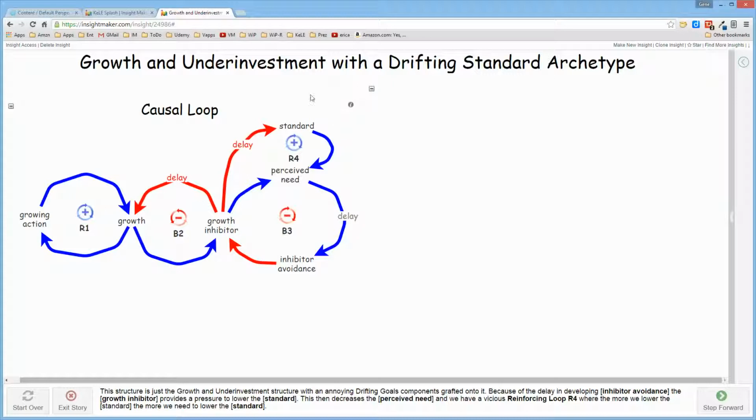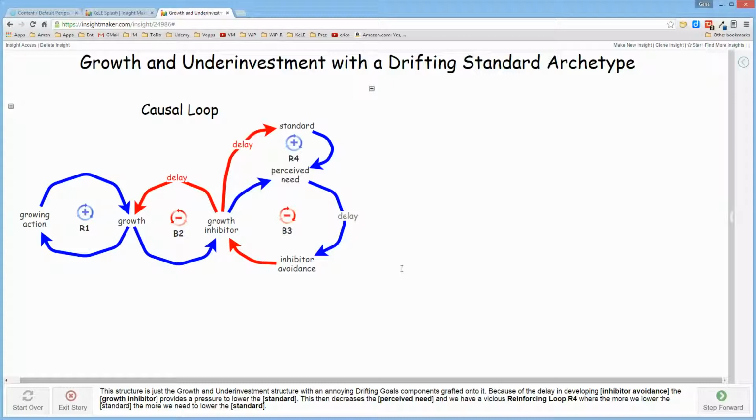Because of the delay, the length of time that it takes for inhibitor avoidance to come into play, the growth inhibitor causes the standard to decrease, and the more that the standard decreases, the more that it will cause the standard to decrease. So it's a vicious rundown.